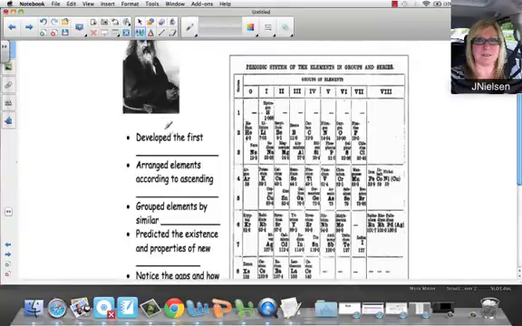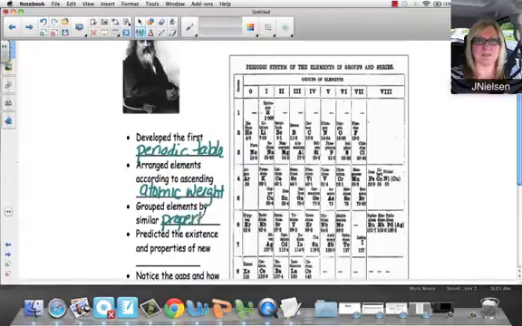So Dmitri Mendeleev developed the first periodic table, and he arranged the elements according to ascending atomic weight. And he grouped elements by similar properties.